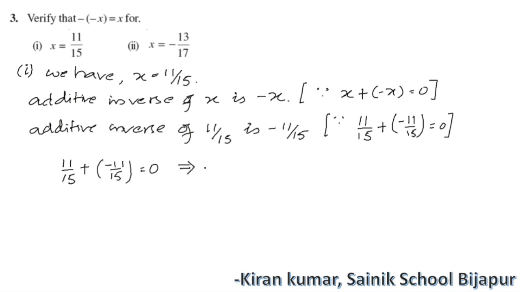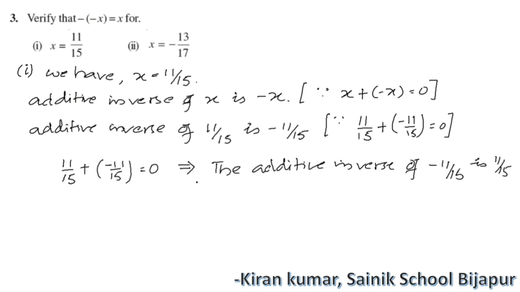This shows that the additive inverse of negative 11 by 15 is positive 11 by 15. Additive inverse of negative 11 by 15 can be now considered as negative of negative 11 by 15. So this will be equal to 11 upon 15.